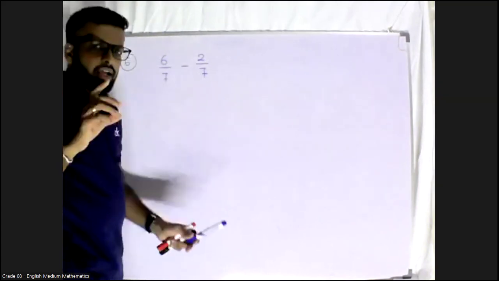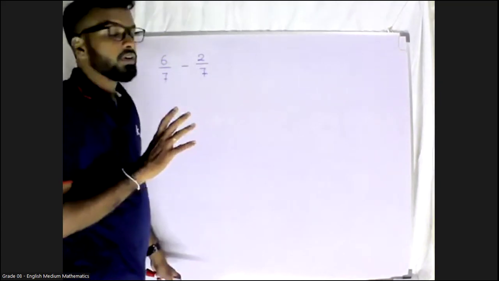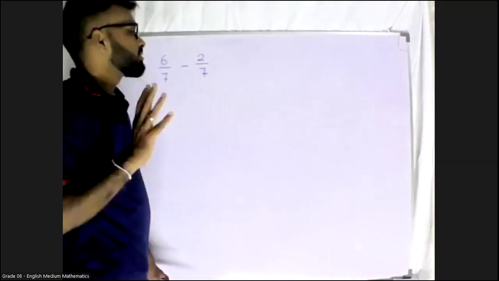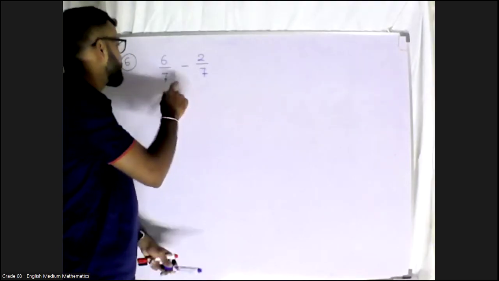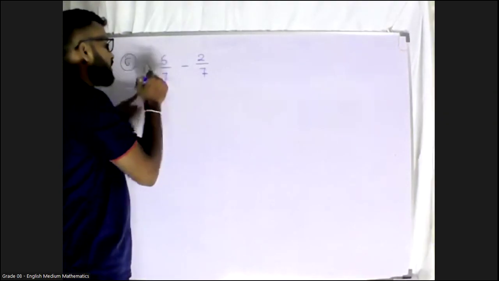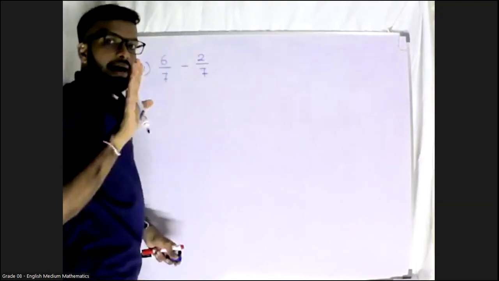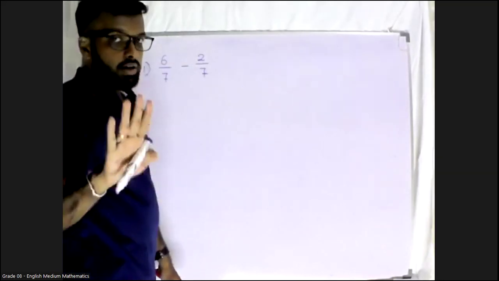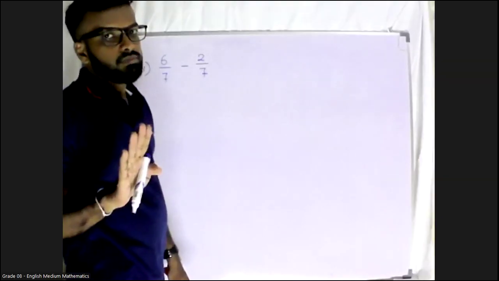Now, the thing that you need to consider is, we did these things last week as well, the denominator, right? In this fraction, there are two fractions that you need to subtract, and here you have the same number, the same denominator, right?